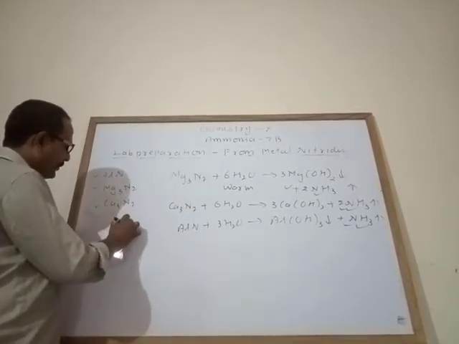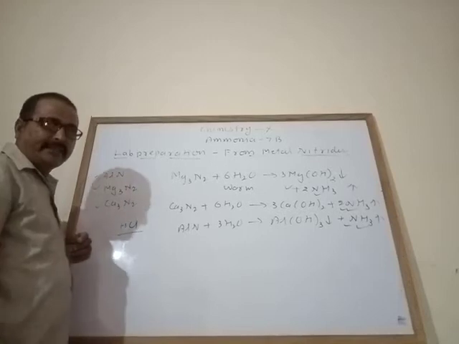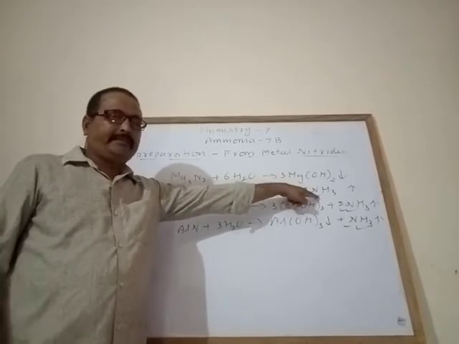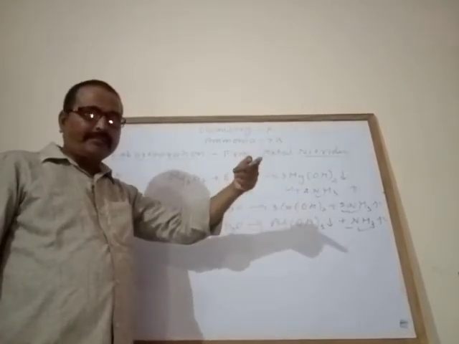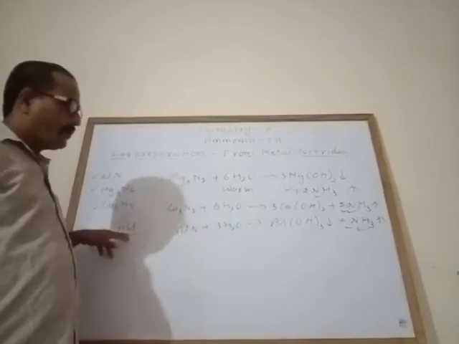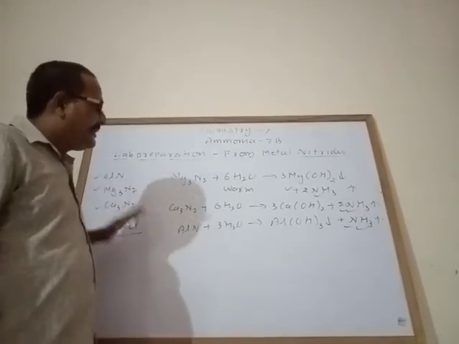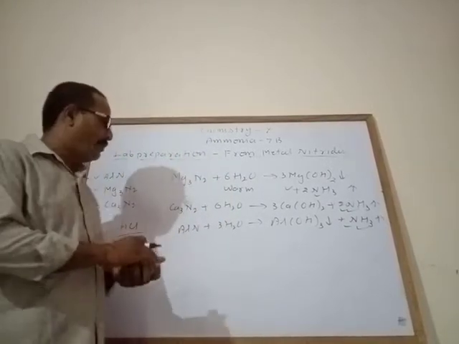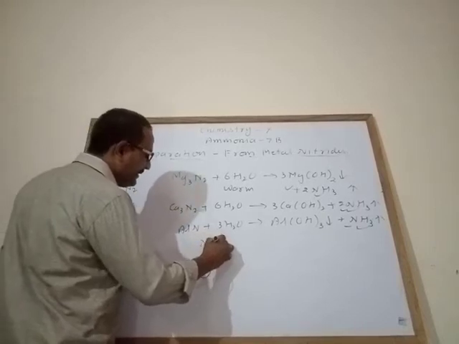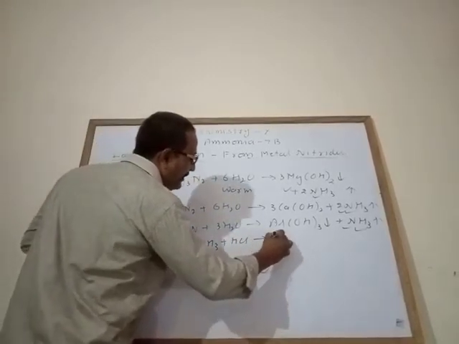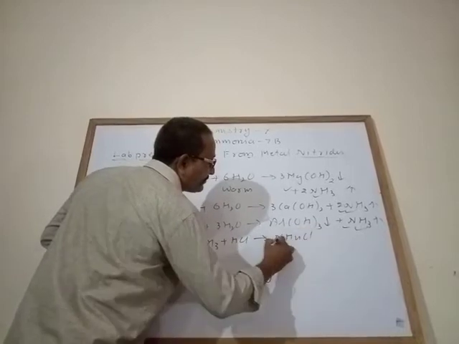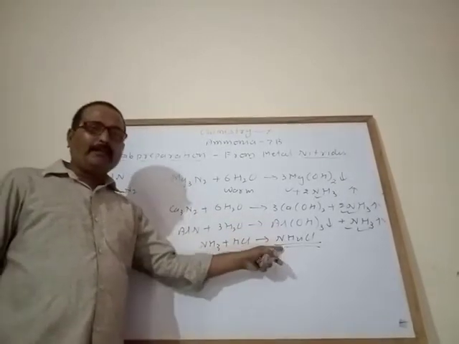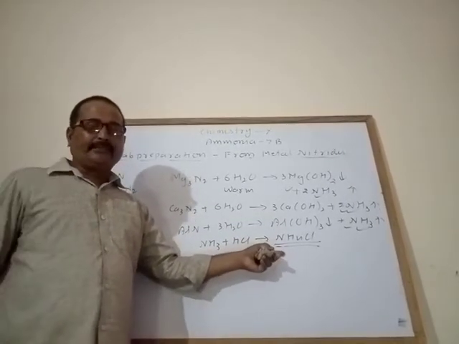Dip a glass rod in concentrated or dilute hydrochloric acid and bring it near the mouth of the gas jar of ammonia gas. You can find dense white fumes of ammonium chloride. This is the test of ammonia gas. Easily you can identify this gas.